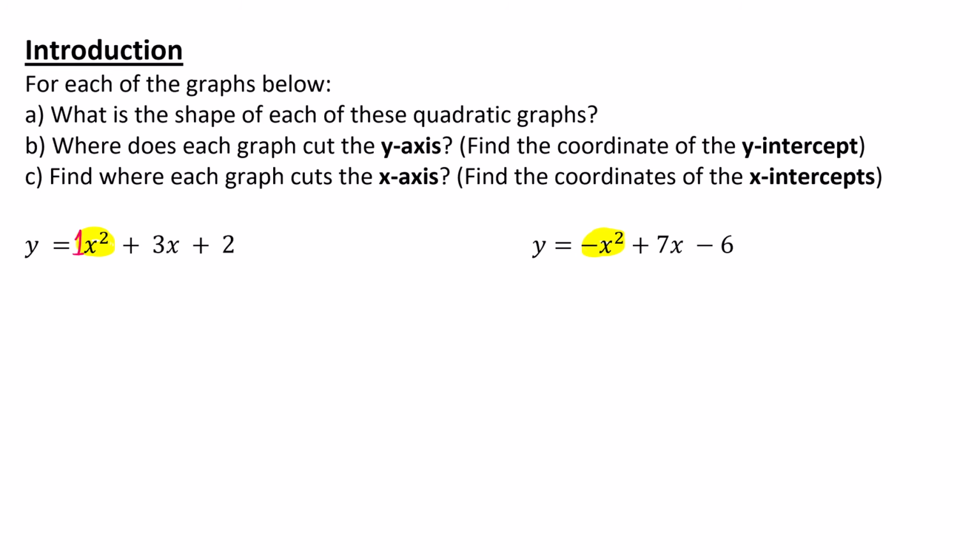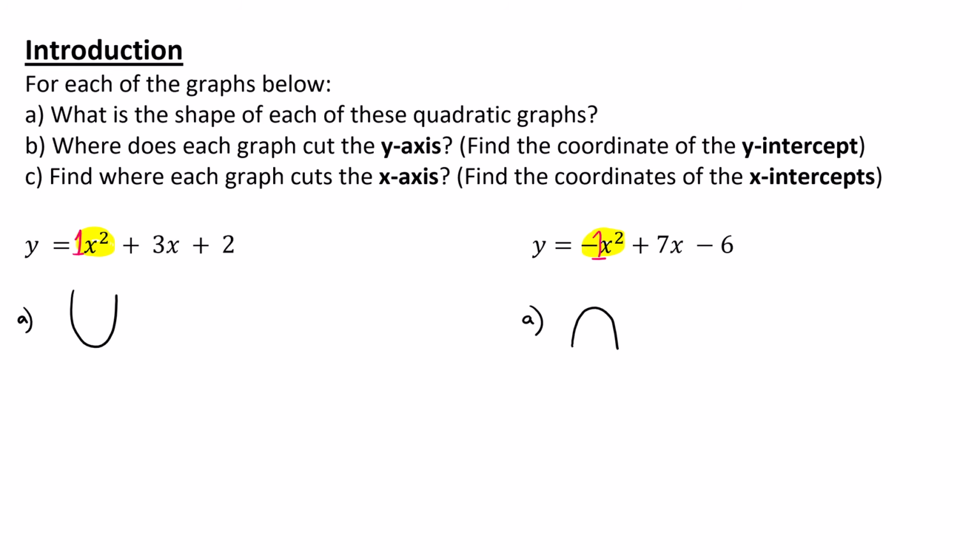It's a positive coefficient, so this graph is a U shape. The next graph, the coefficient is -1. A negative coefficient means that the graph looks like this. So the first thing you need to do is to establish if it's a positive quadratic or negative quadratic.